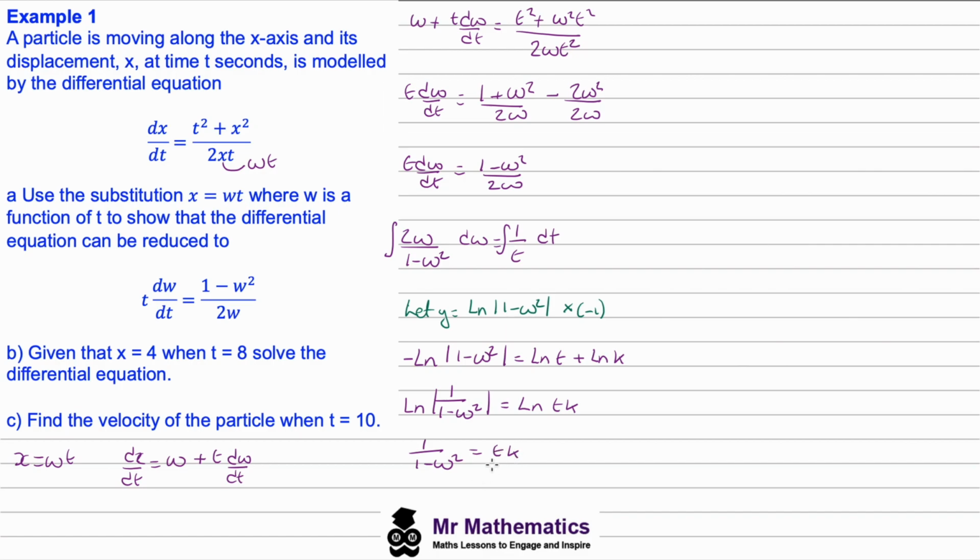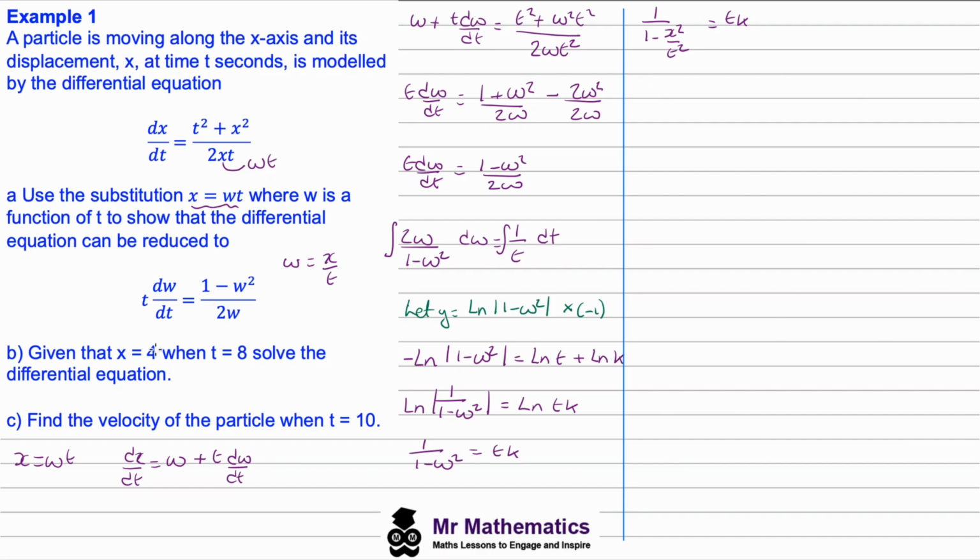So at this point, we can substitute x and t back in place of w. If x equals wt, then w will equal x over t. This becomes 1 over 1 minus x squared over t squared is equal to tk. So now we have it in terms of x and t.